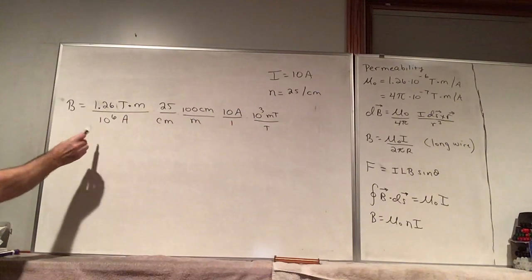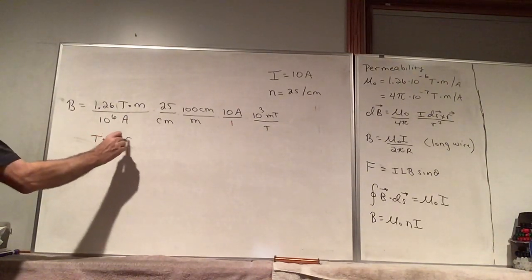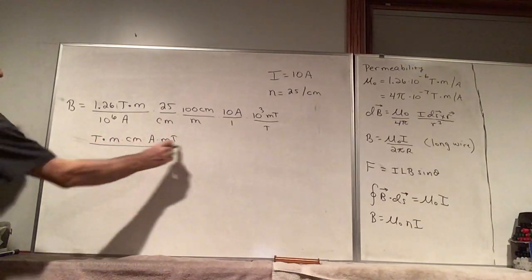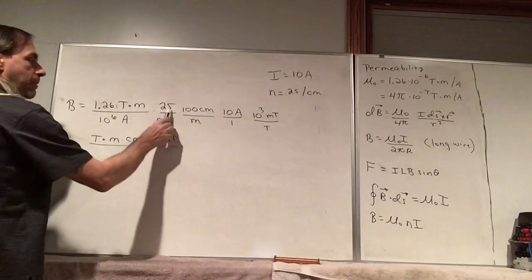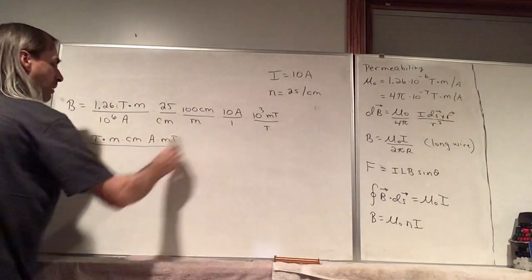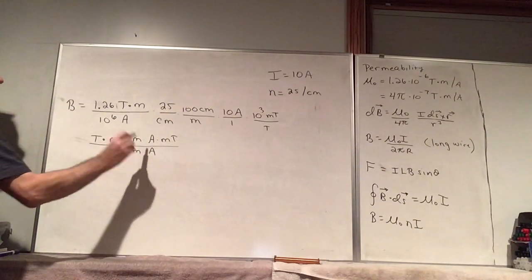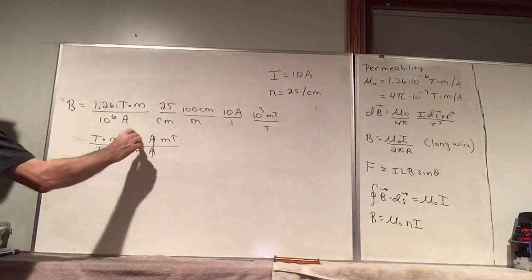because let's look at the units. We could actually just visualize it, but why not write it out? So on top, Tesla, meter, centimeter, amp, milliteslas. On the bottom, we have amp, centimeters, meters, and Tesla.